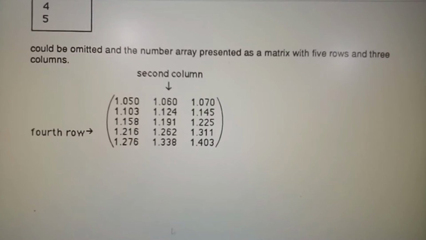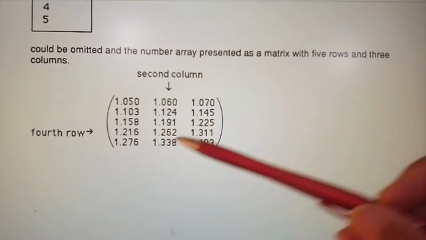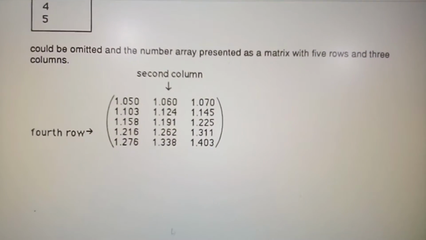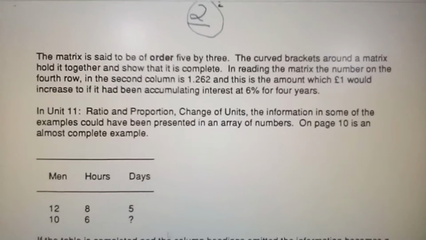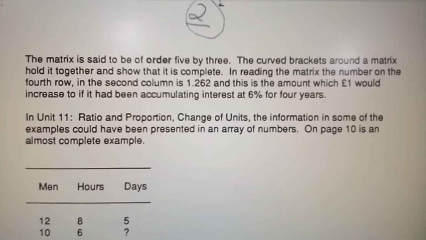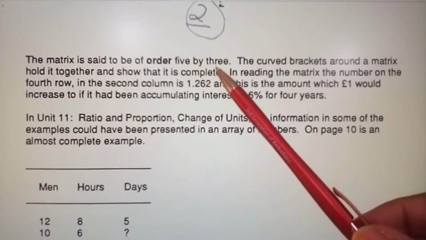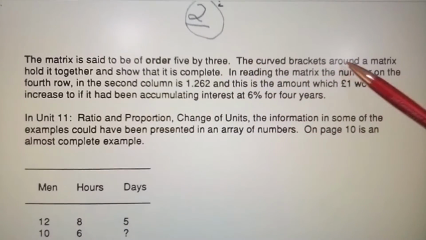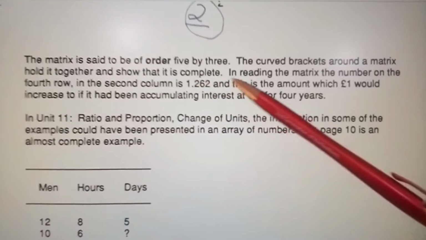All this is now showing you is the columns and the rows, and it's pointing to the 4th row. The matrix is said to be of order 5 by 3. The curved brackets around a matrix hold it together and show that it is complete.